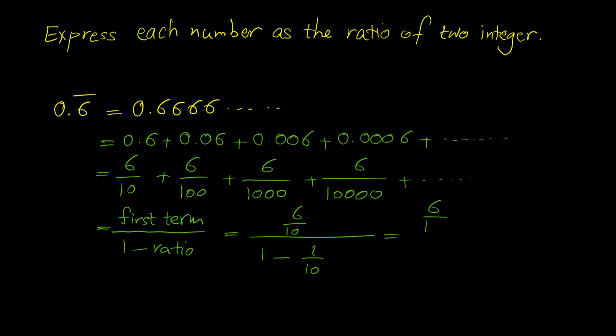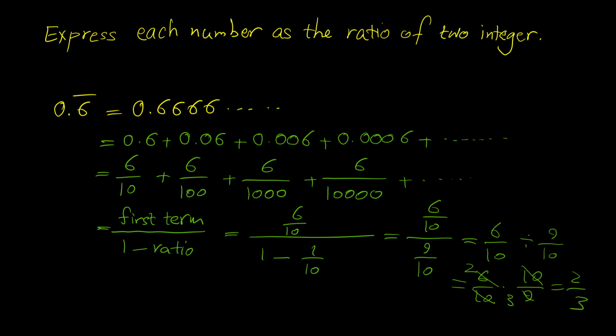In numerator we have 6 over 10. 1 minus 1 over 10 is 9 over 10. And if you simplify this, 6 over 10 divided by 9 over 10 is 6 over 10 times 10 over 9. 10 with 10 cancels, 6 with 3 simplifies, 2 over 3. So the answer is 2 over 3.